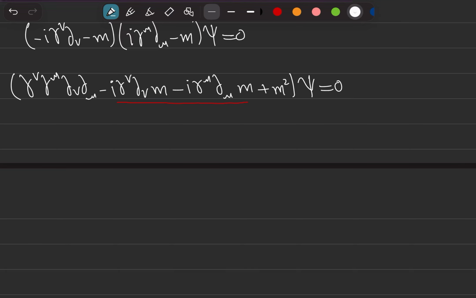So what we have here is γ^μ γ^ν ∂_μ ∂_ν plus m squared into psi is equal to 0, right?